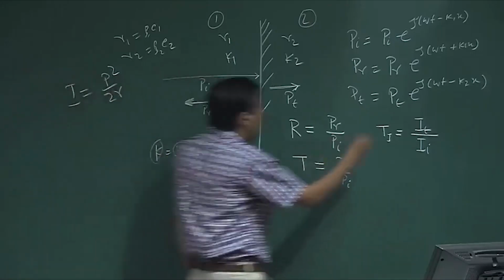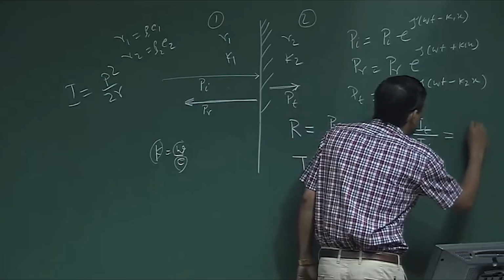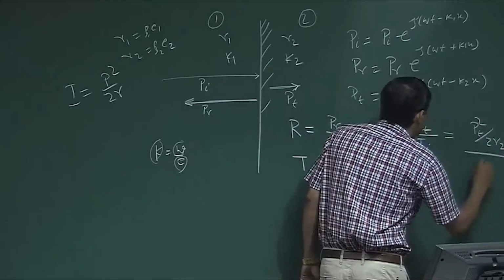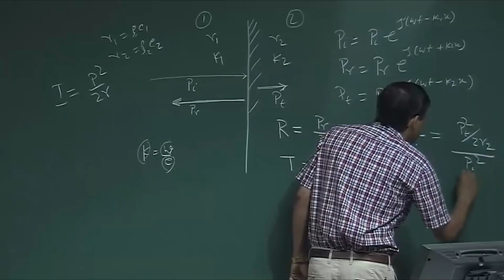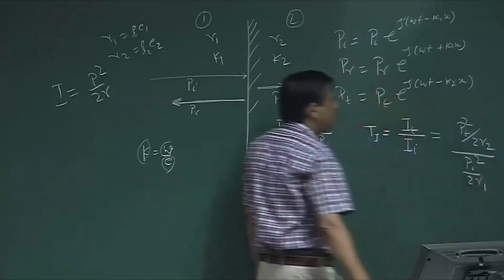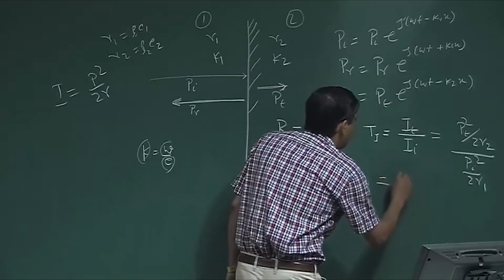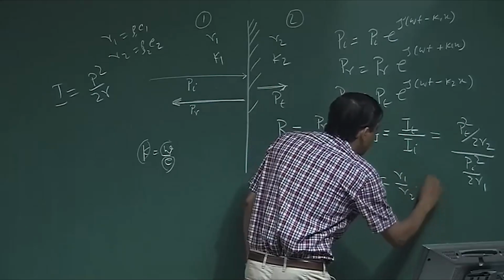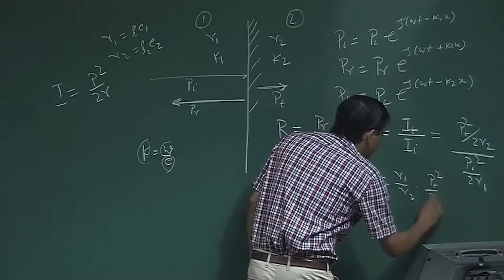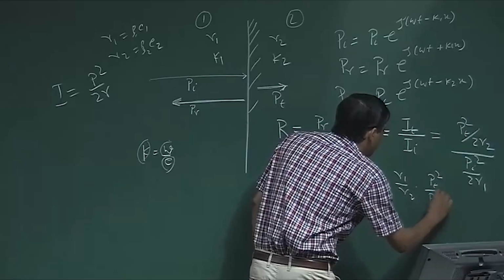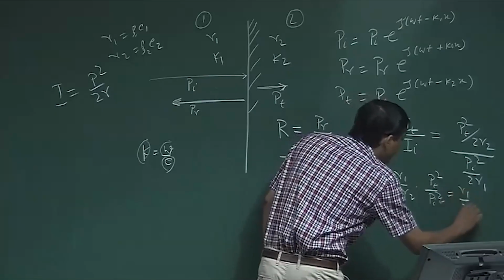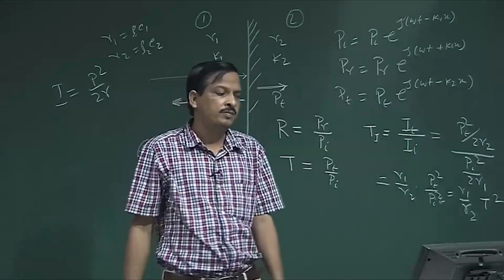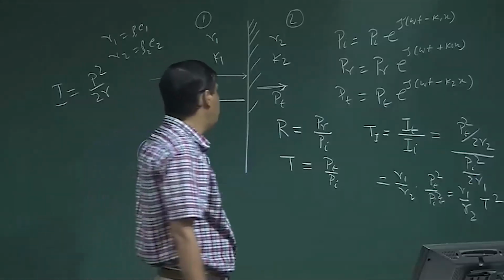So it is Pt square divided by 2r2, divided by Pi square divided by 2r1. This is r1 by r2 into Pt square by Pi square, which is r1 by r2 into T square, where T is the pressure coefficient.